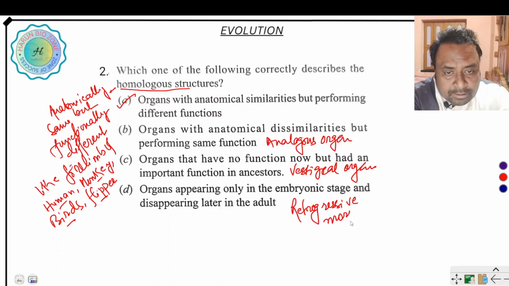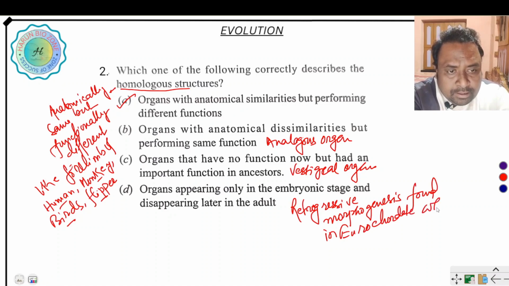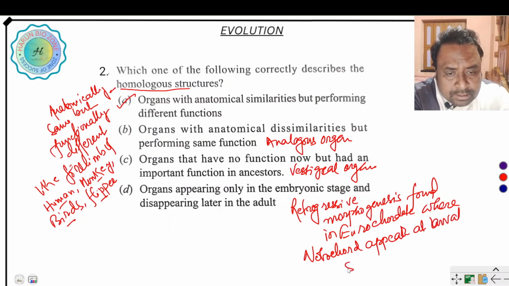Found in Urochordata, where the notochord appears at the larval stage but disappears during adulthood. Clear?